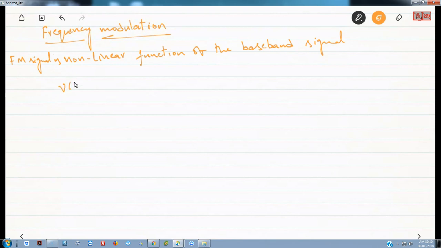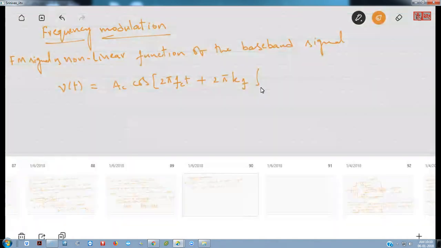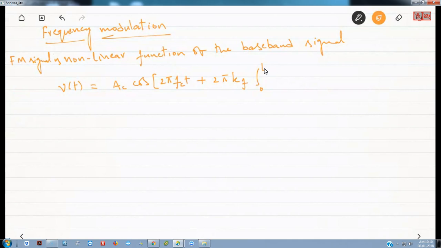Because say FM signal v of t is A_c cos(2 pi f_c t plus 2 pi k_f integral from 0 to t of m of t dt), right?